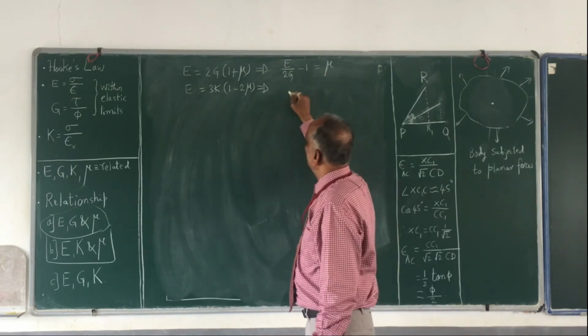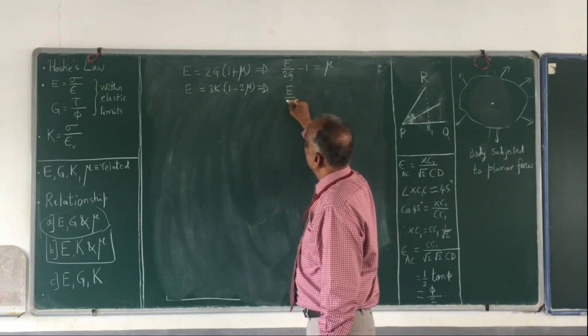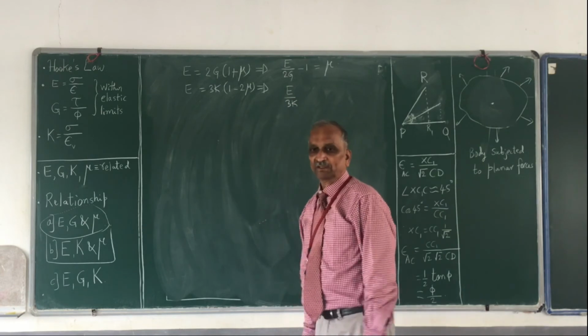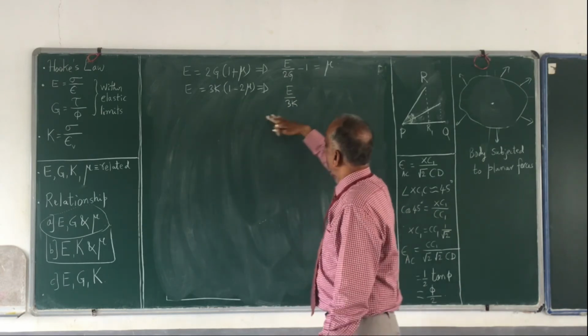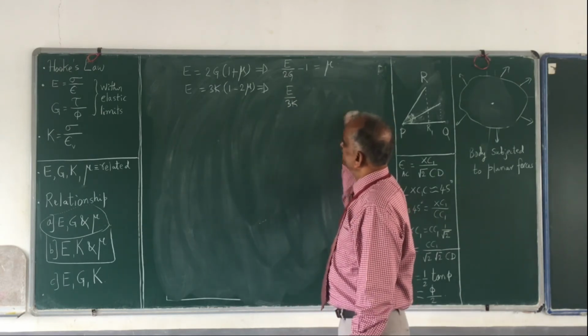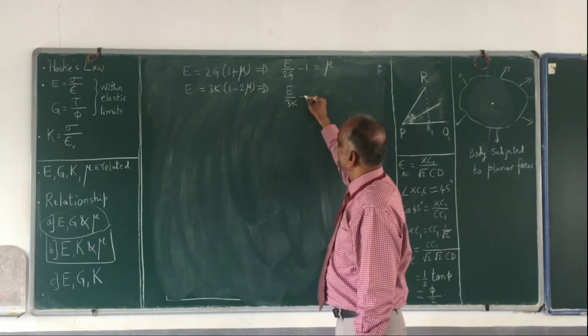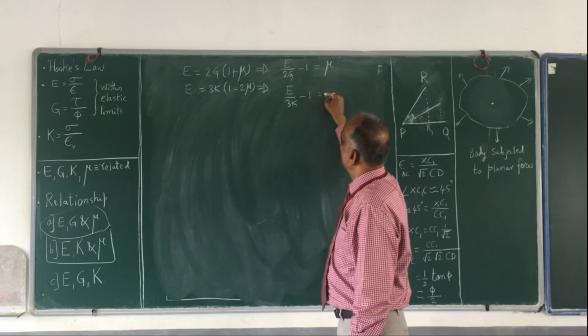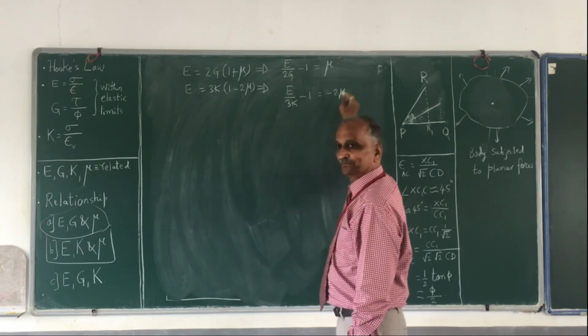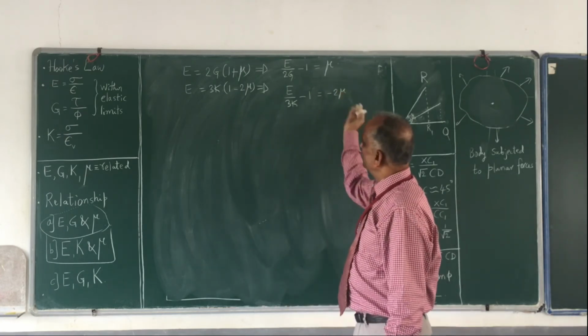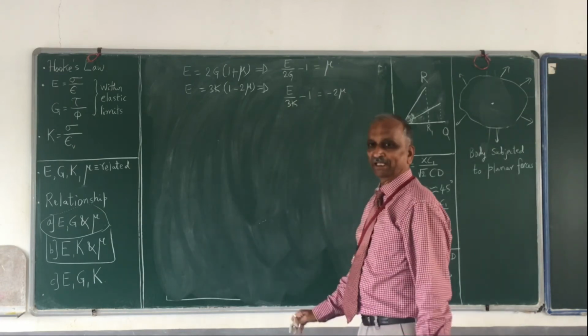Similarly, a similar thing here. E upon 3K is equal to 1 minus 2 mu. Send 1 also to this side. This is minus 1, and this is minus 2 mu. Multiply throughout by minus sign.